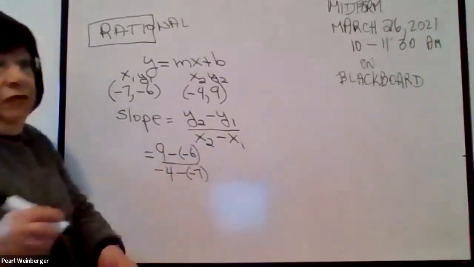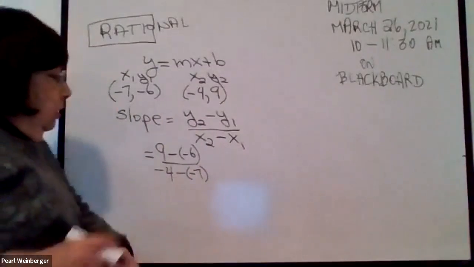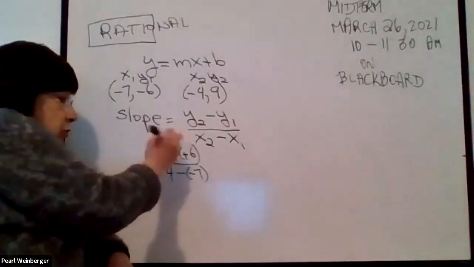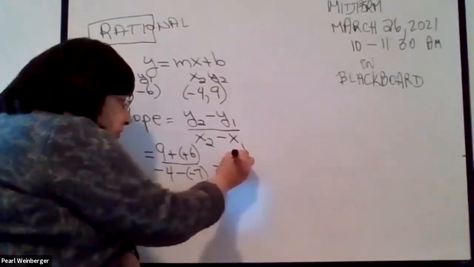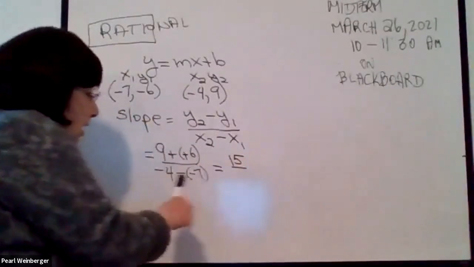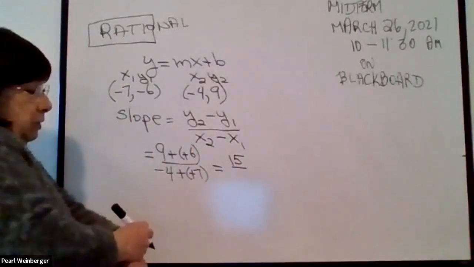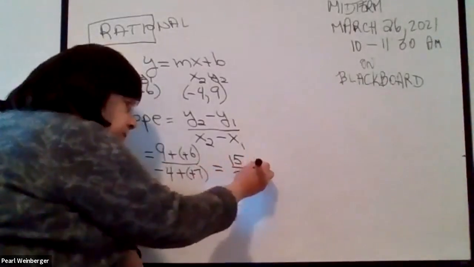Now you have to be careful, especially when they're negatives. Remember, this is 9 minus a minus, which becomes a plus, so it really becomes 9 plus 6, which is 15. And this is -4, again minus a minus becomes a plus, -4 plus 7 becomes 3.